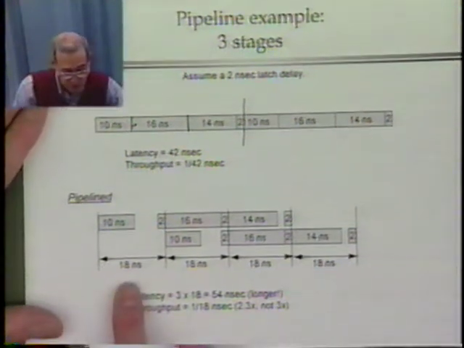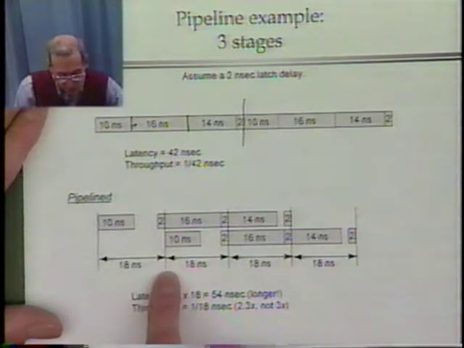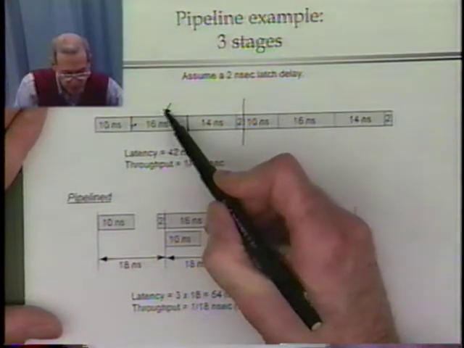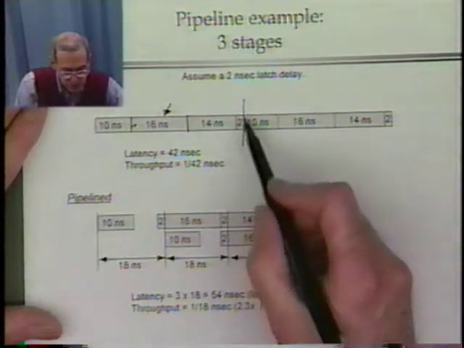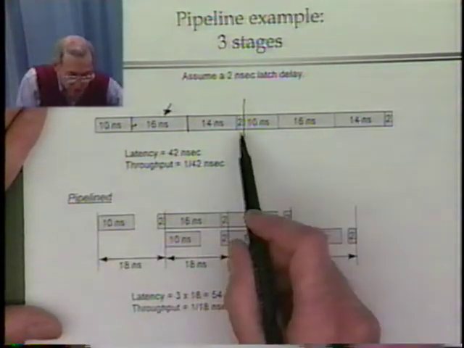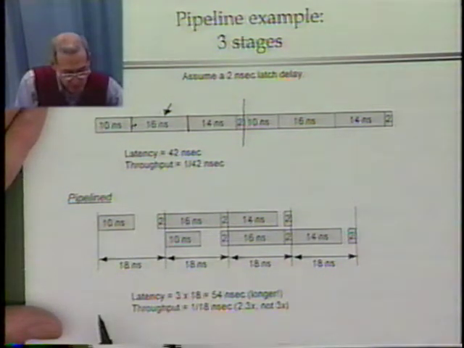So what happens when we pipeline this machine? Well, we've got to design the size of the pipeline cycle for the worst case, the largest segment, which in our case is 16 nanoseconds. Now, if the pipeline registers also have a 2 nanosecond delay, we've got to add those 2 nanoseconds to every pipeline stage.